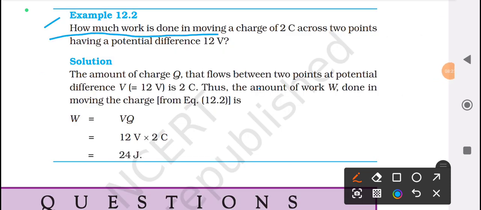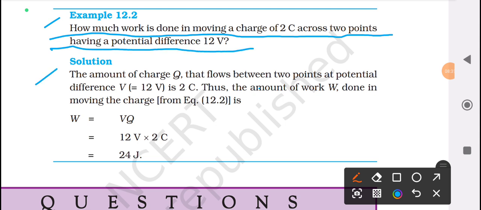Example 12.2. How much work is done in moving a charge of 2 coulomb across two points having a potential difference of 12 volt? Solution. The amount of charge Q that flows between two points at potential difference V equals 12 volt is 2 coulomb.